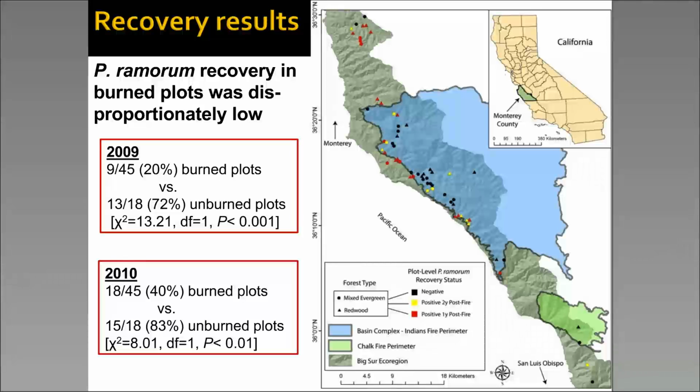That's a much smaller recovery than one would expect by chance. And in 2010, the pathogen recovery doubled in burned plots, up to 40%, but it was still a lower recovery than could be expected by chance compared to the unburned plots.